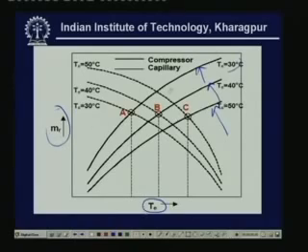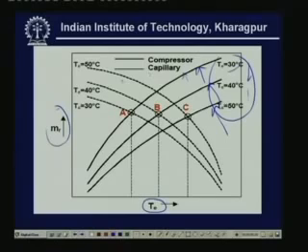As a result, the mass flow rate through the compressor increases. That's what you can see here. Similarly, at a given evaporator temperature, as the condenser temperature increases, the pressure ratio across the compressor increases, volumetric efficiency reduces, so the mass flow rate reduces. That's why you get these three curves for the compressor.